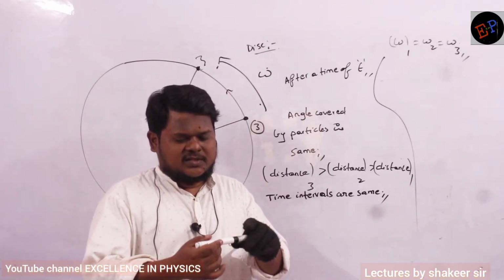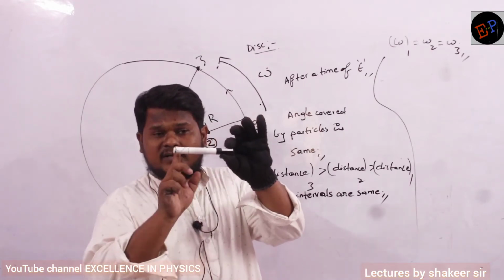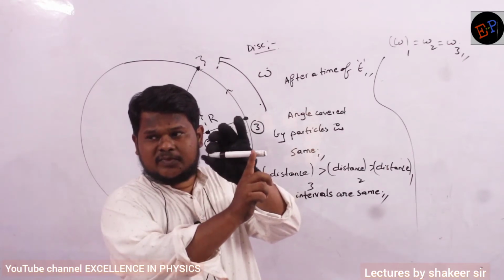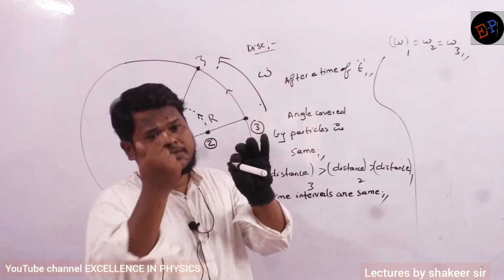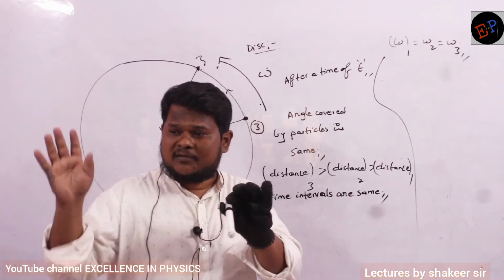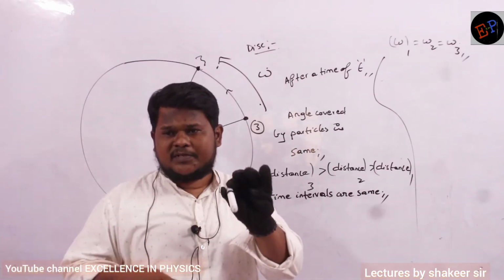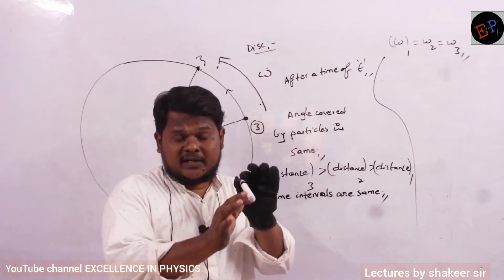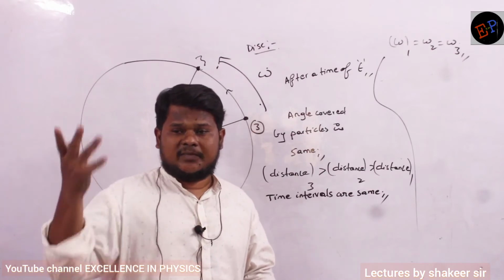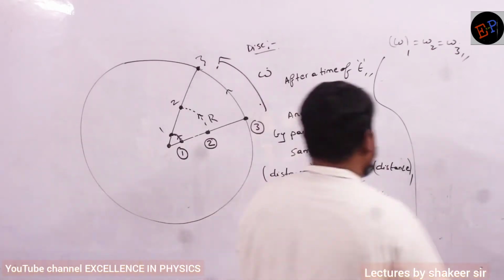Consider this is the pen and I want to rotate this pen about this axis. Angle covered by every particle will be the same. Time taken also will be the same. So angular velocity also will be the same. Every particle will cover the same angle in the same time.